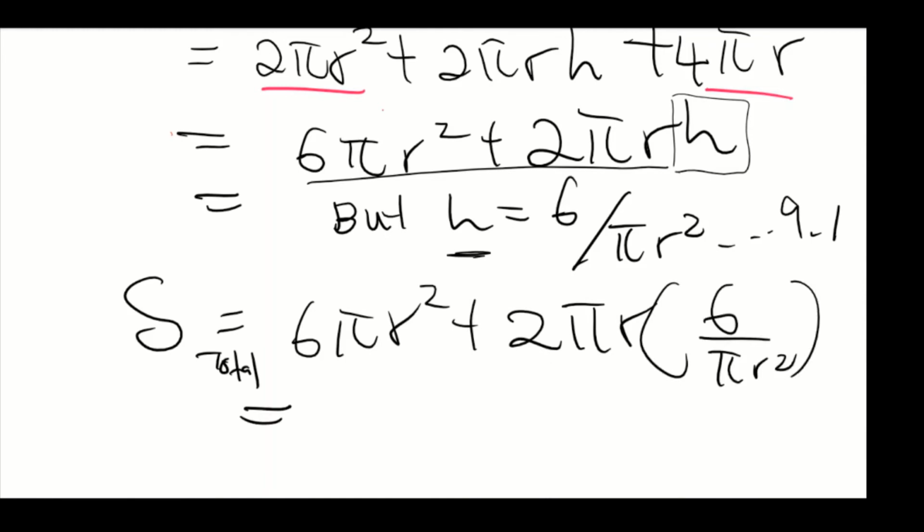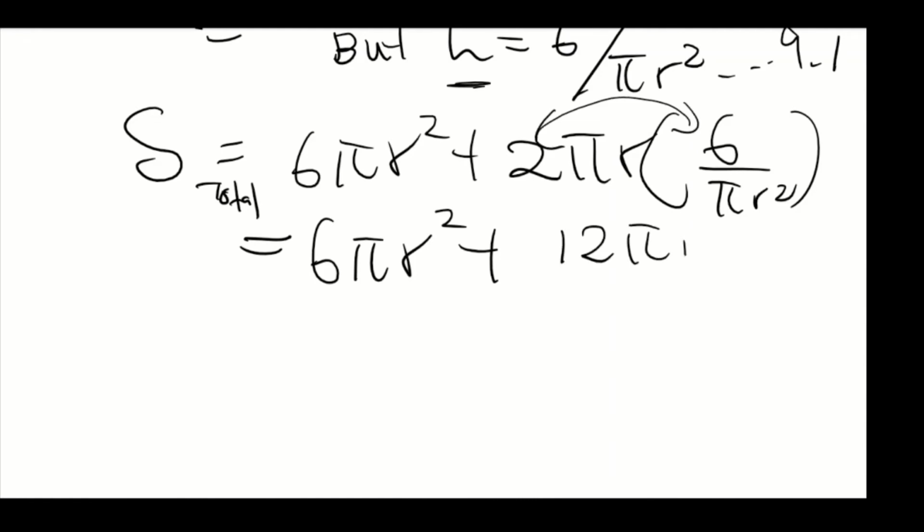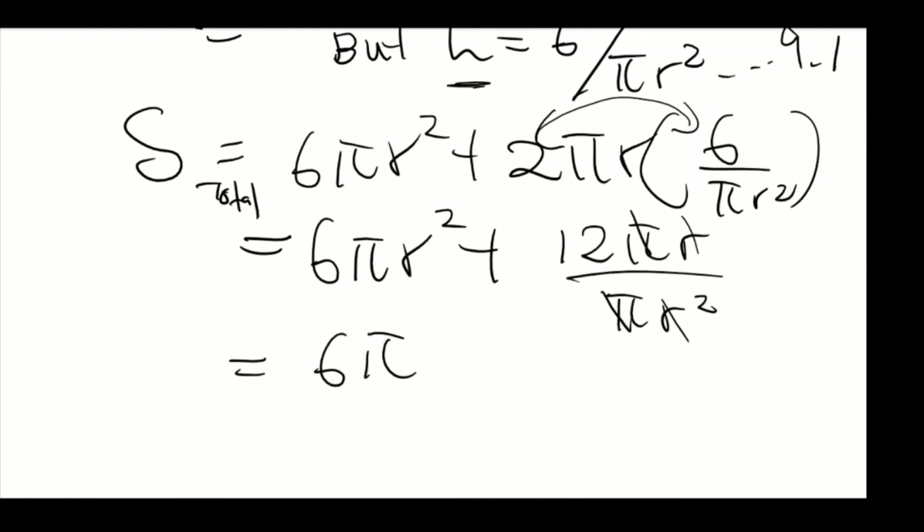And then what we're going to get is 6 pi r squared plus, the 6 multiplied by 2 gives us 12 pi r, divided by pi r squared. So the pi goes away, one r goes away. We have 6 pi r squared plus 12 divided by r, because this is r squared and this is r.